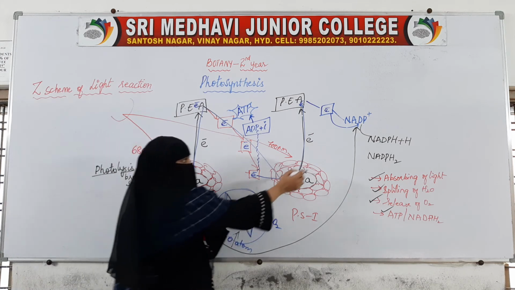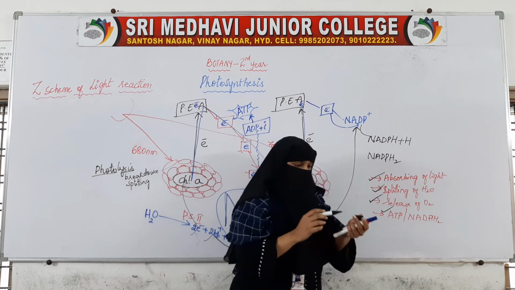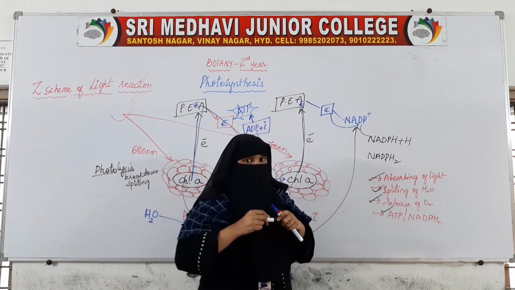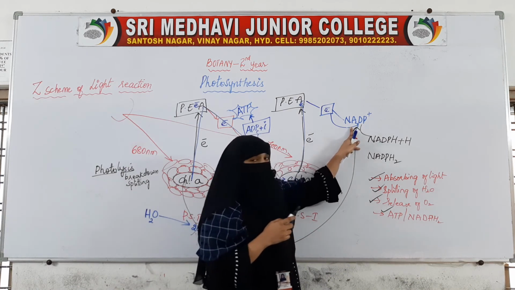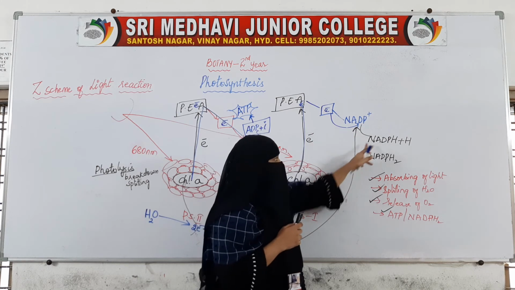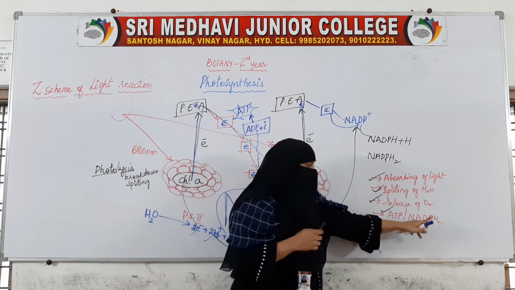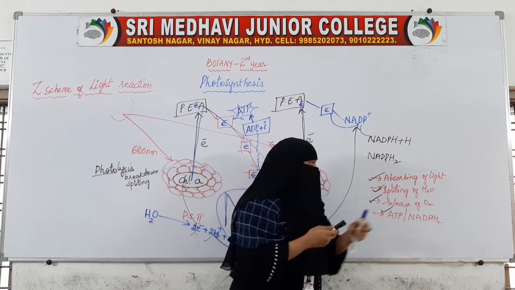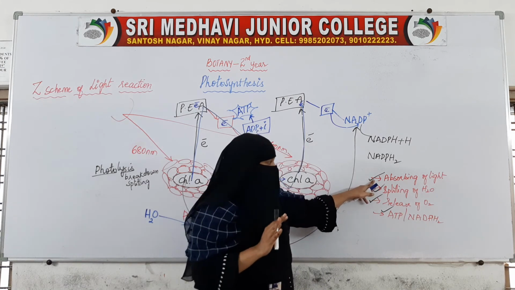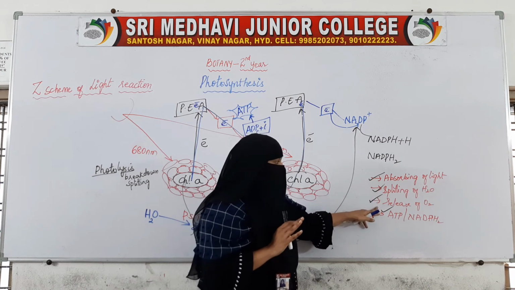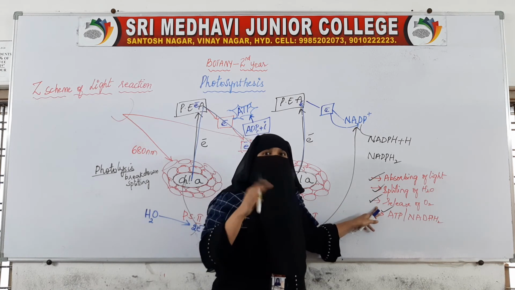Here, when the water molecule split, it also released protons. These protons have been taken up by the oxidizing agent, NADP plus. With the addition of these protons, it has changed to NADPH2, the reducing power. So at the end, light has been absorbed, water has been split, and oxygen has been released.